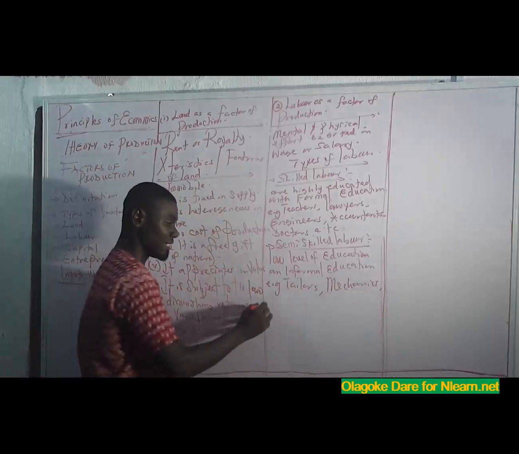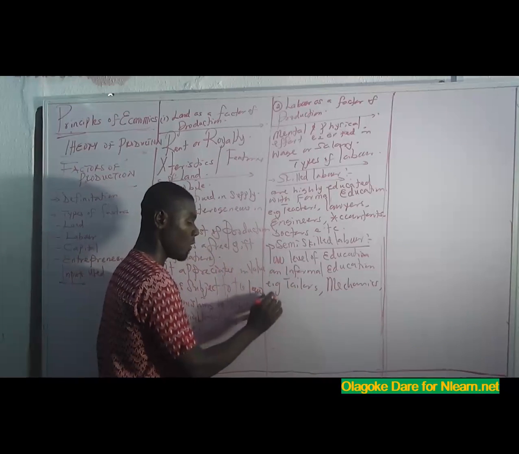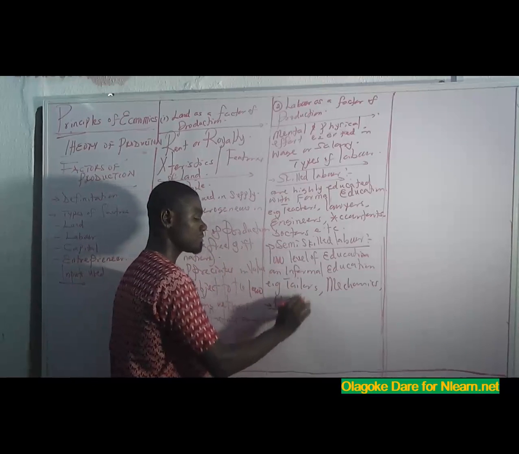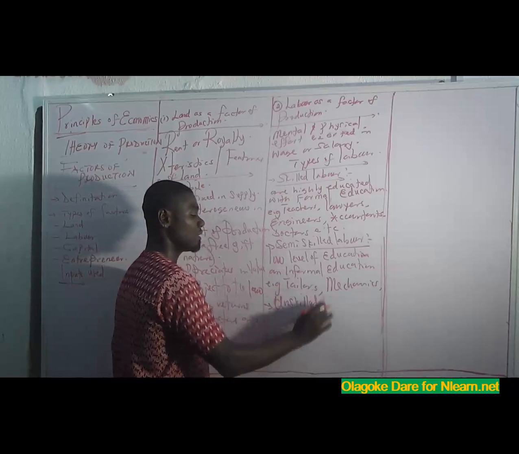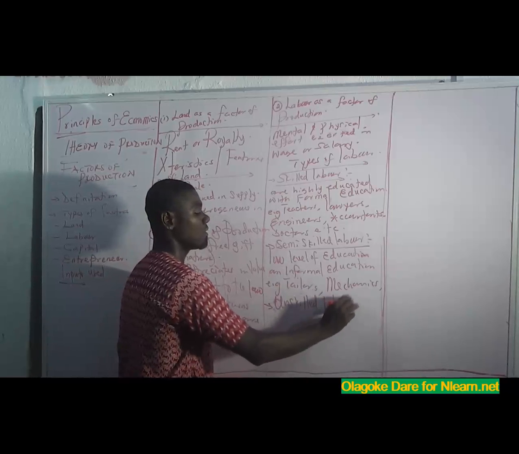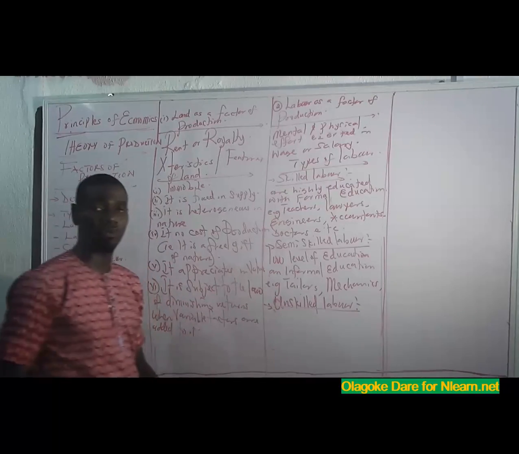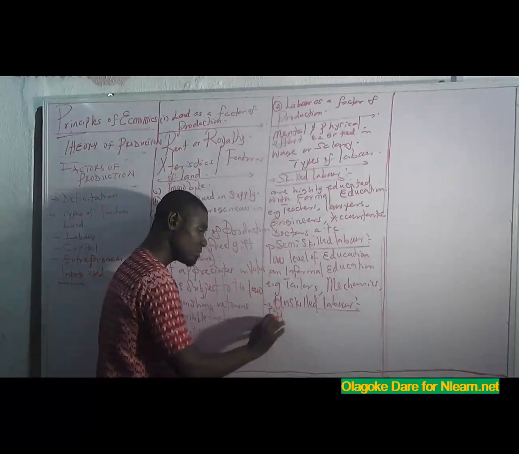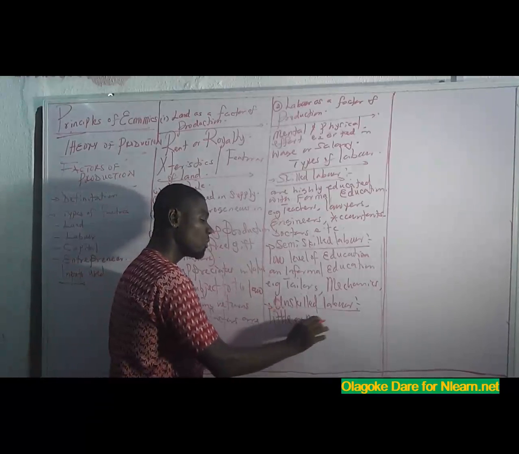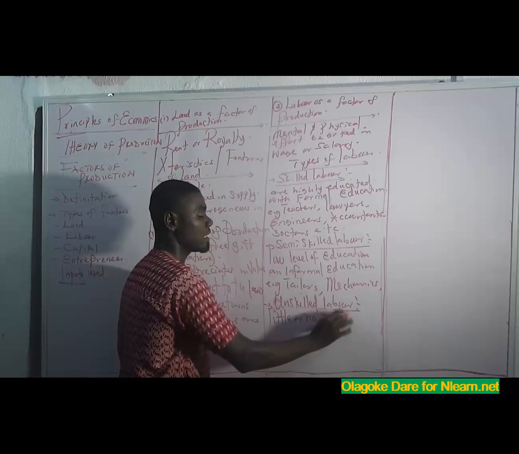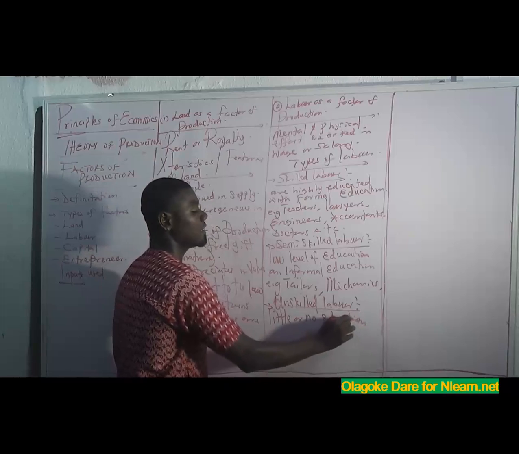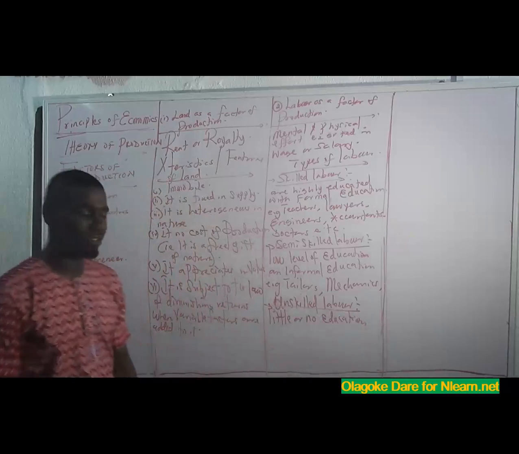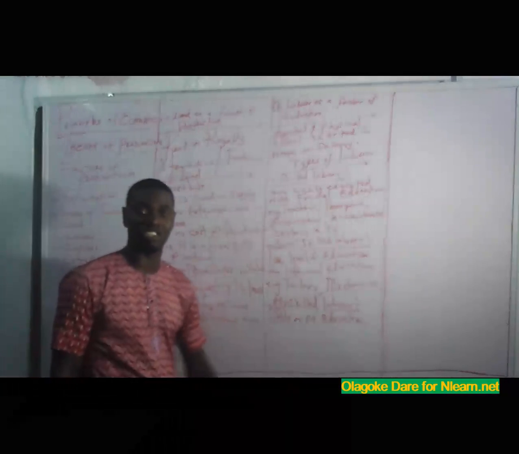Okay, then the last we have the unskilled labor. Unskilled labor consists of workers with little or no education. Any worker that has little or no education is said to be unskilled.